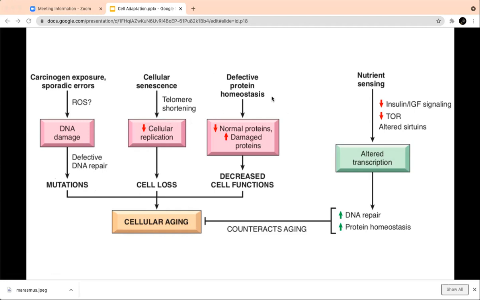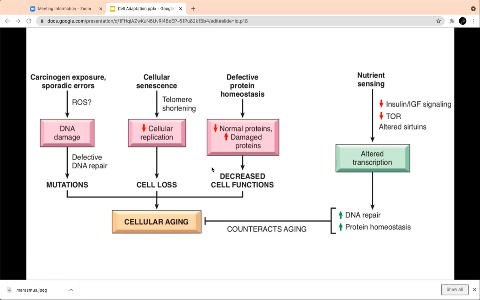And for your defective homeostasis, either an increase in damaged proteins kasi yung folding ng protein nagkakaroon ng misfolding, hindi napapackage well, or decrease in the normal proteins. Okay, so misfolded siya, hindi siya na-handle ng katawan, so hindi siya na-degrade.